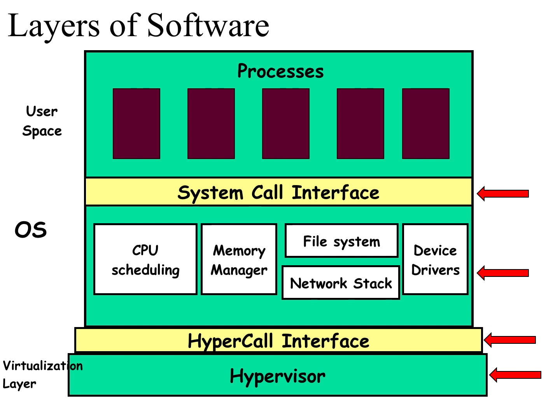So here's another view of the various layers of software that we have discussed so far. We have talked about processes that are normal user level programs. And then we talked about the operating system, which consists of various software components for performing I/O, for doing multiplexing, and for protection.